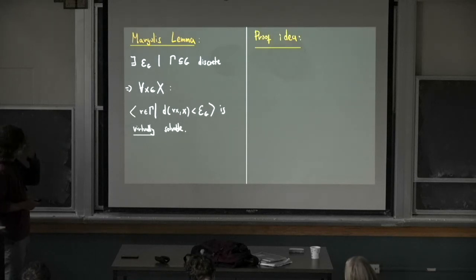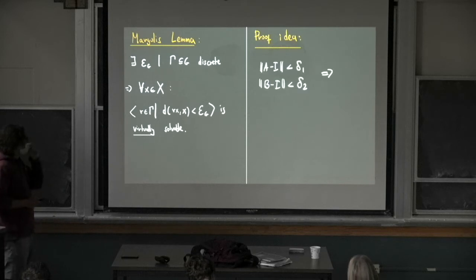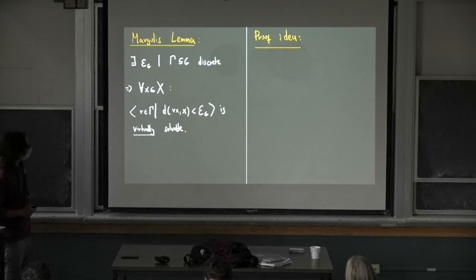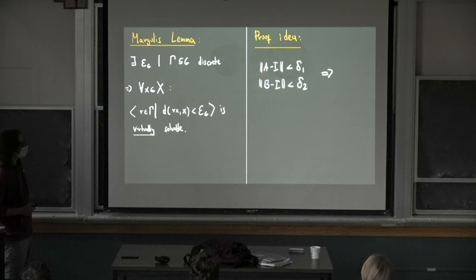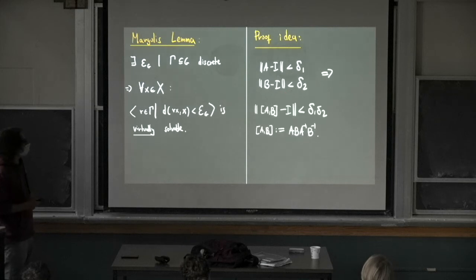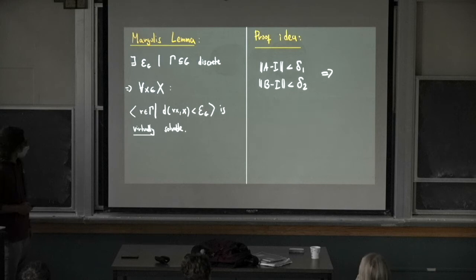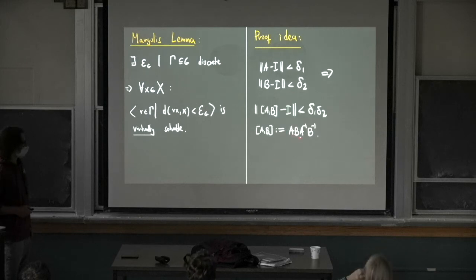It's a very simple fact about matrices. If you take two matrices corresponding to the two loops, and these two matrices are very close to the identity, then if you take a commutator, a, b, a^-1, b^-1, which is what I would like to prove is 1, then this is much closer to the identity.